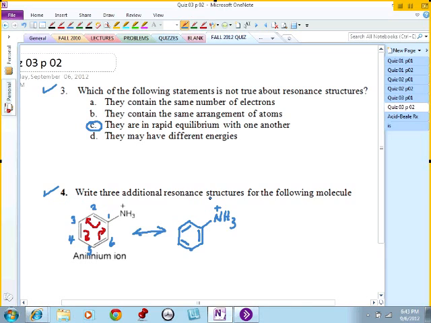Okay. Now, which will be another one? And don't forget, this is the symbol for resonance, this two-sided arrow. What will be the next one? Anybody? Yeah, somebody has a question there.